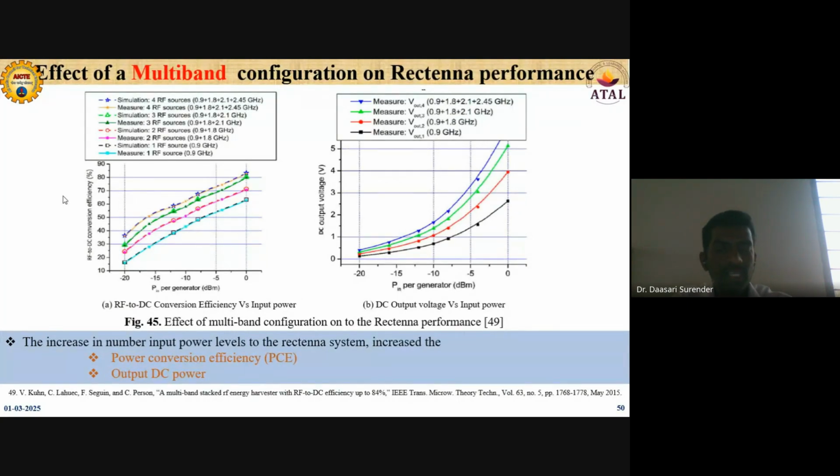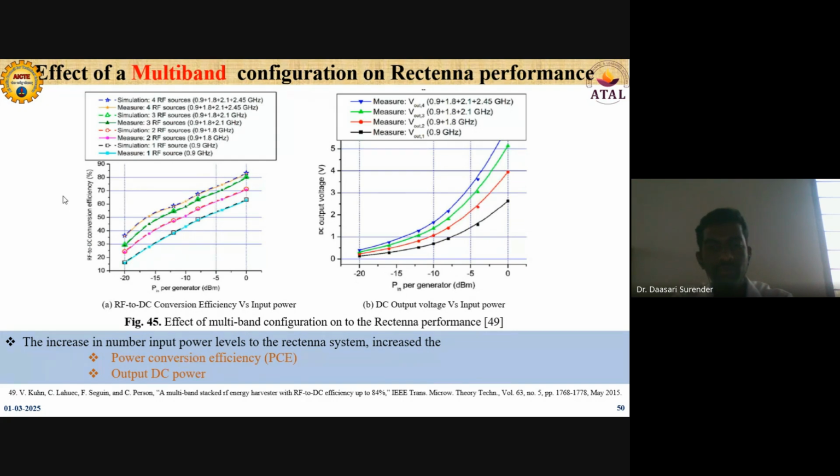When the number of sources increases, we can observe an increment in the RF to DC power conversion efficiency. Similarly, the same kind of performance is observed with the increasing number of RF sources, as shown clearly in figure 45B.